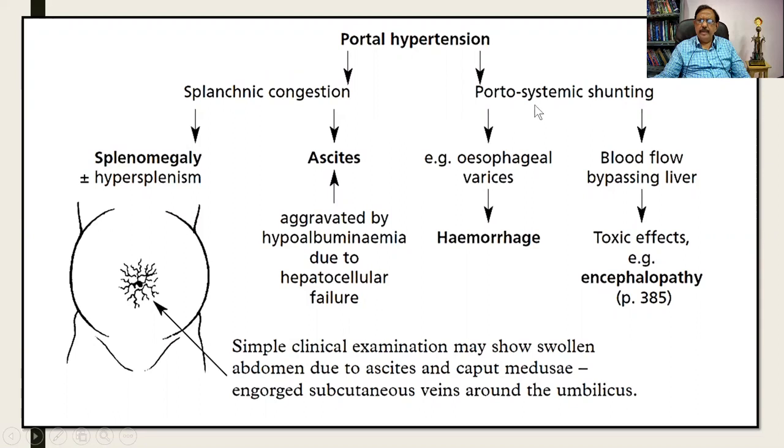There can be portosystemic shunting, in which esophageal varices, which is again of great importance, can be life-threatening, leading to a hemorrhage. And there can be bypassing of the liver. Therefore, the metabolic activities are not there. There is a toxic effect which can lead on to hepatic encephalopathy.